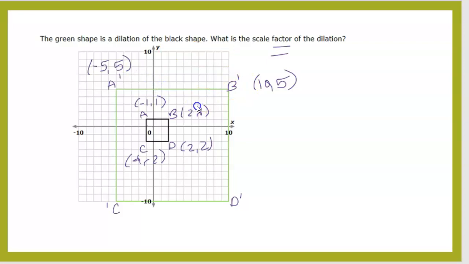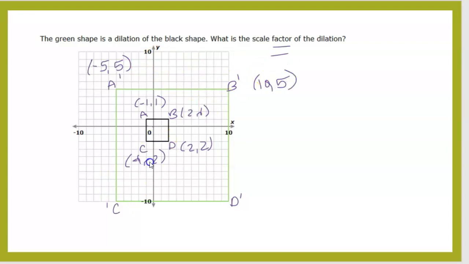You can compare these, the x value, 2 to 10, 1 to 5. Are you seeing what we multiplied each number by to get to the new shape? We multiplied by 5, right? -1 times 5 is -5. 1 times 5 is 5. 2 times 5 is 10. And 1 times 5 is 5.